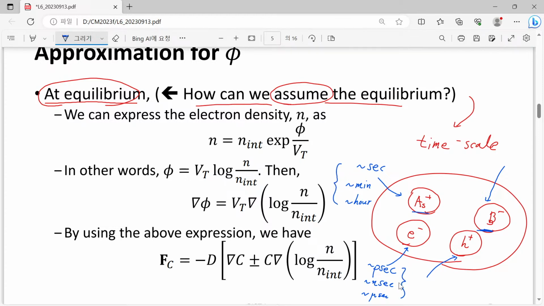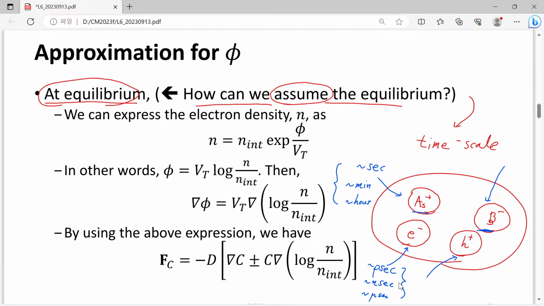So with this severe distinction of time scale, when the atoms slowly vary within one second, almost immediately the electrons and holes will move according to the local or temporal equilibrium.